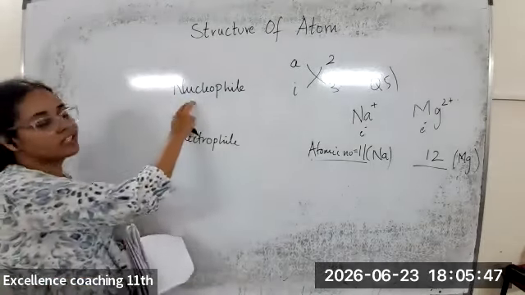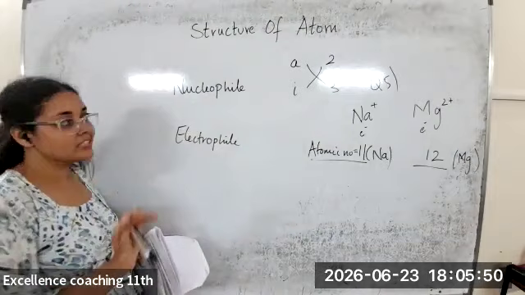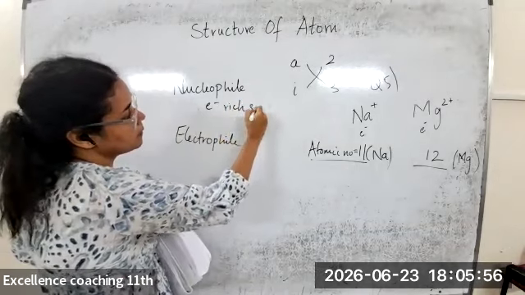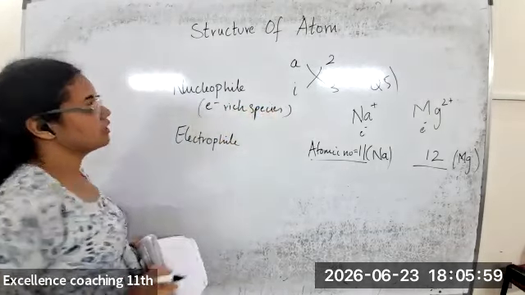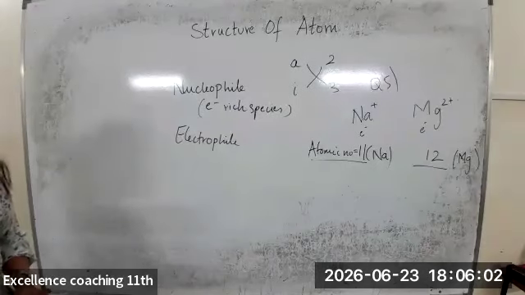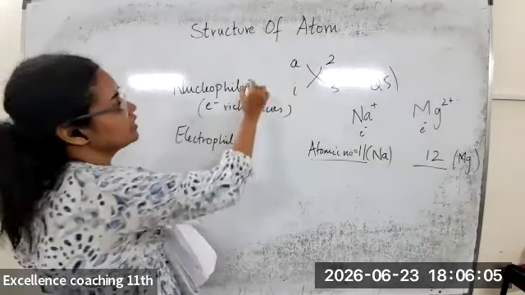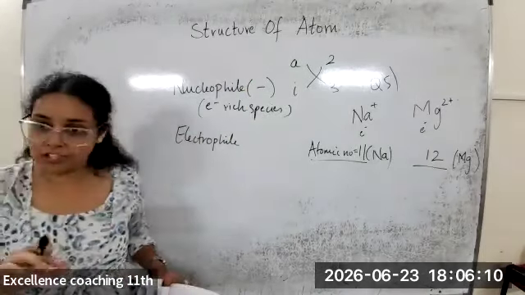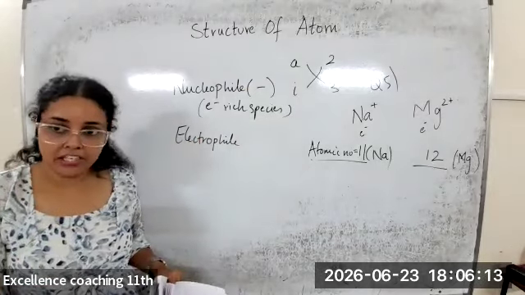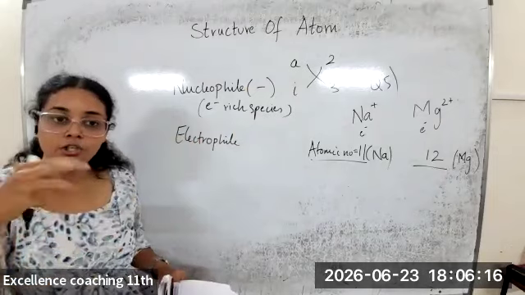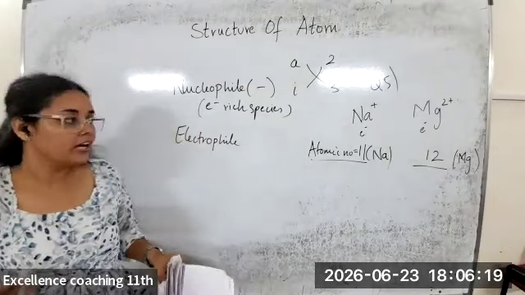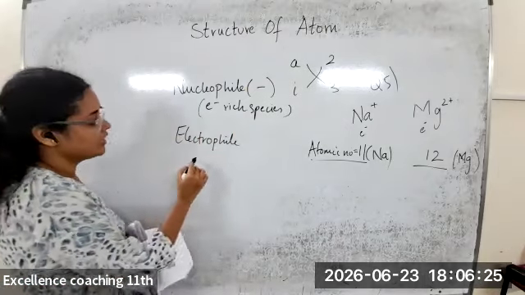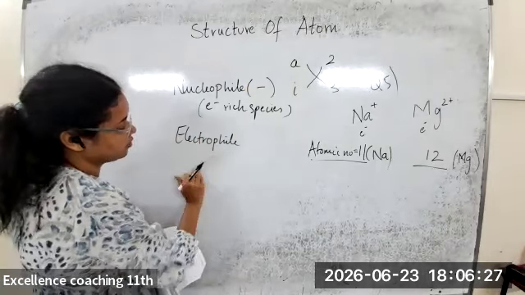A nucleophile is always an electron rich species. When any element has a negative charge, be it -2, -3, that species is a nucleophile, as in it is rich in electrons. And an electrophile is electron deficient, or poor in electrons.